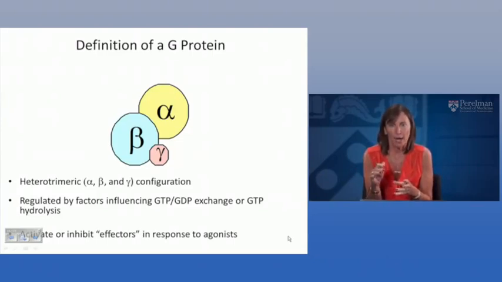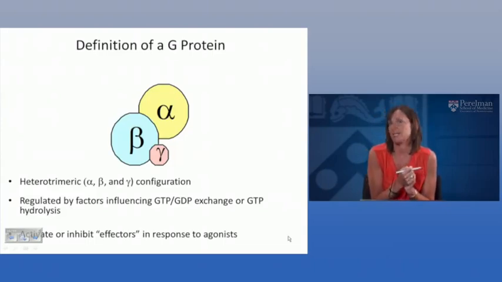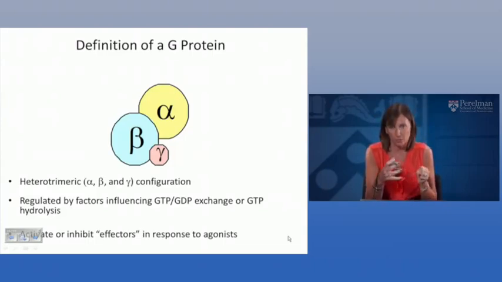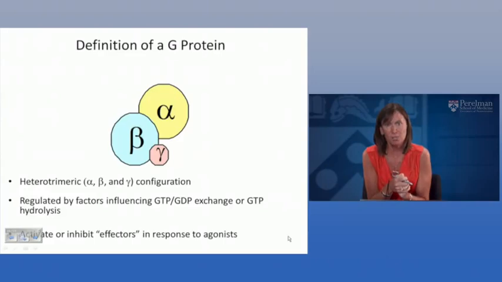And these are in a naturally occurring configuration when the receptor is in its inactivated form. So the 3 subunits are associated together. The subunits themselves are regulated by factors that influence the dynamic between GTP and GDP and energy exchange, or hydrolysis of GTP itself.